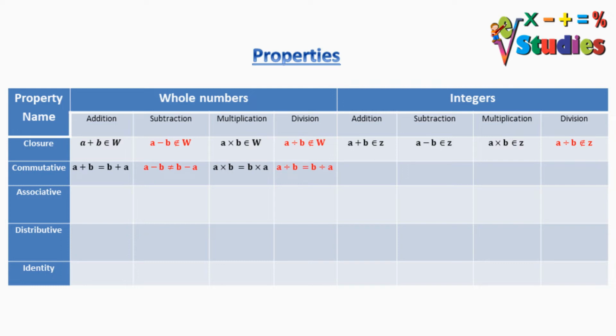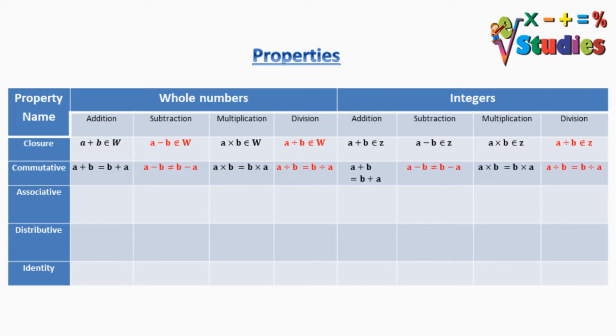Next is the commutative property. In the commutative property, if the whole numbers are interchanged, that means they can be added in any order, and the answer you get is a whole number. So they are commutative under addition and multiplication, but not under subtraction and division.